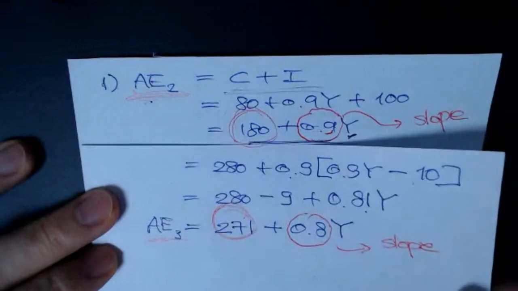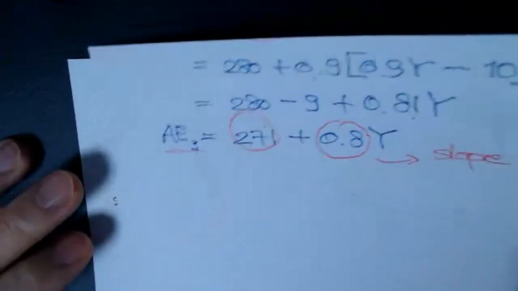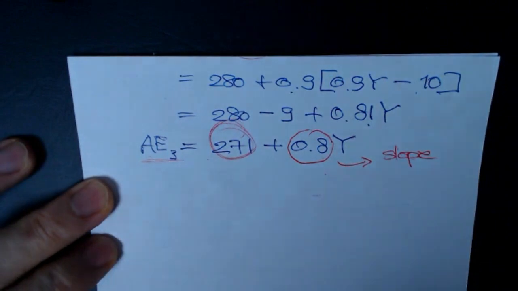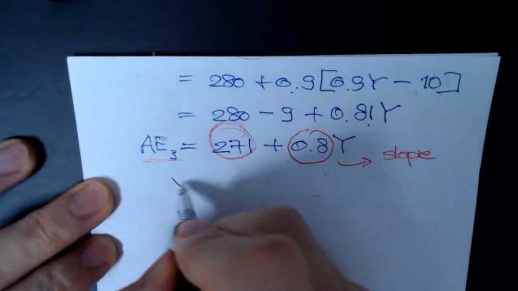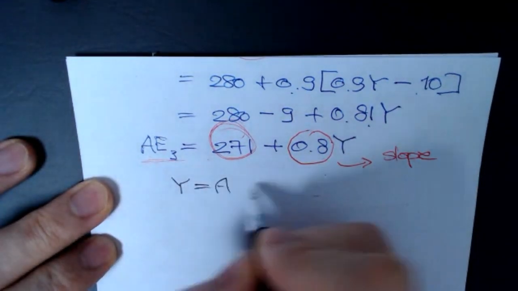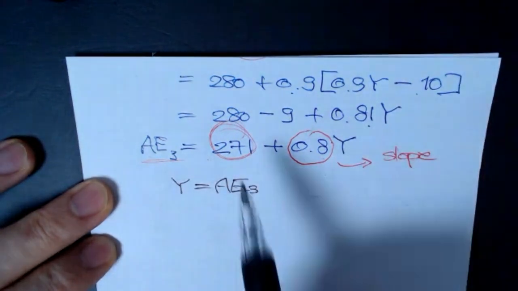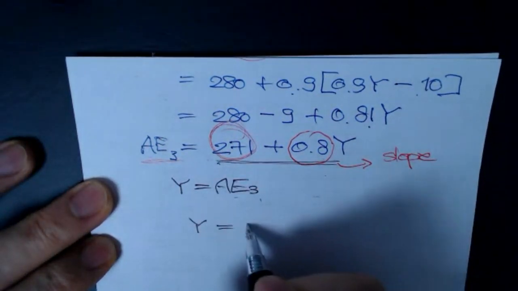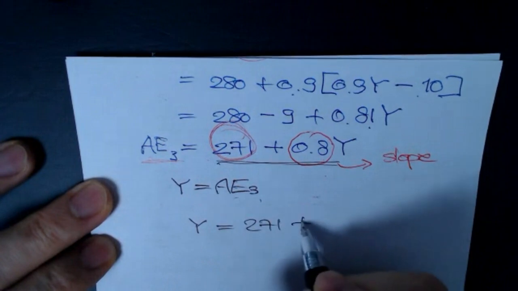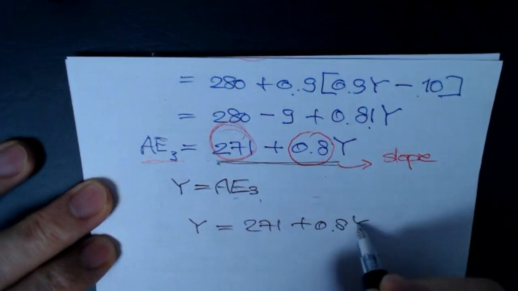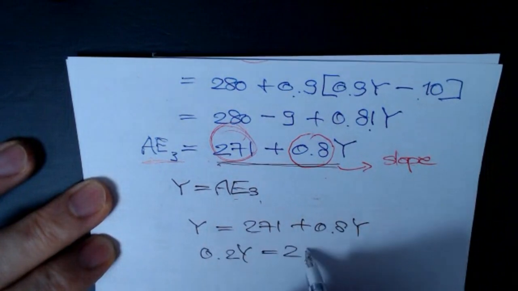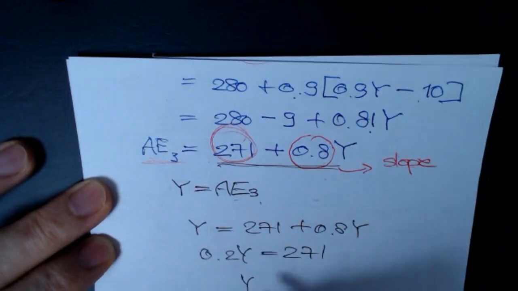Now let's check the equilibrium condition. The 3 sector model equilibrium condition happens under this condition. Now we have AE3, so y equals 271 plus 0.8 y, so 0.2 y equals 271.